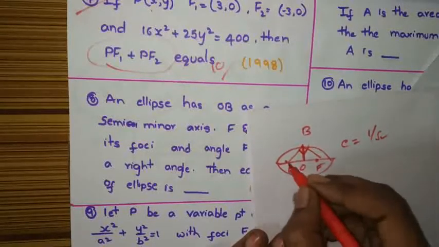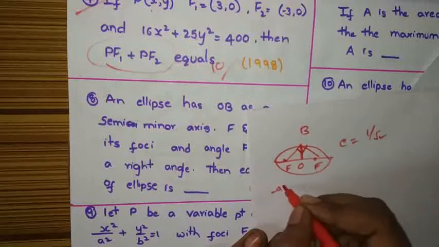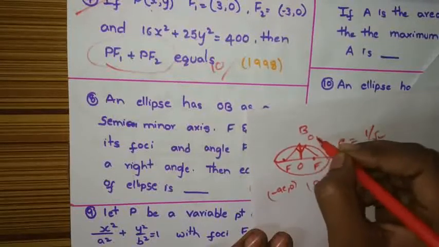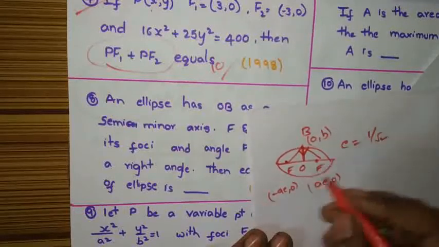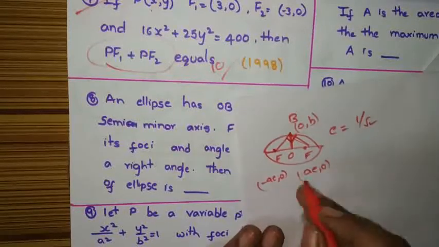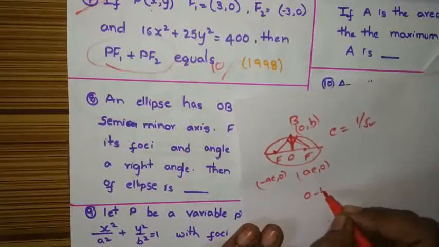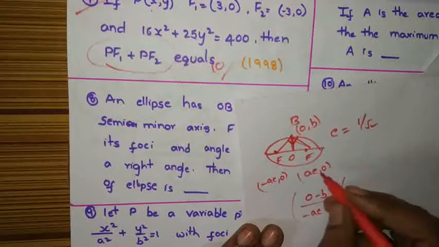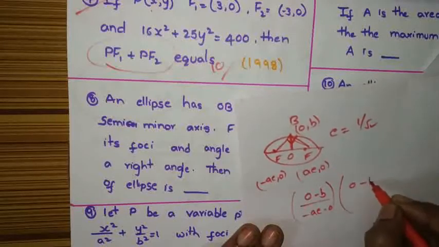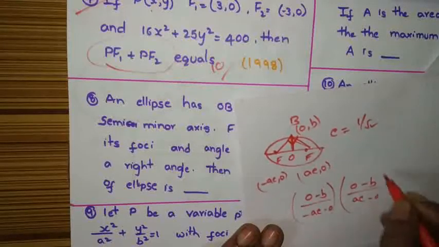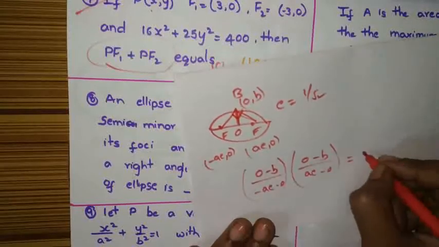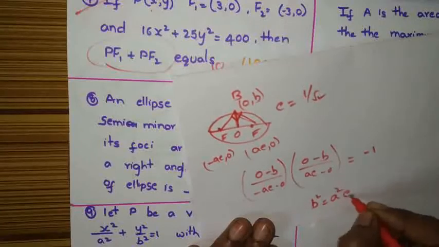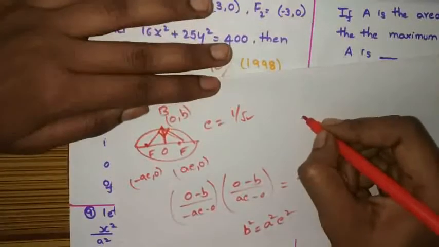Let me say how. Here minus AE, 0 and here AE, 0 and this is 0, B. Okay. Now the product of slopes will be minus 1. 0 minus B by minus AE minus 0 into 0 minus b by AE minus 0 is equal to minus 1. From this we can say that b square is equal to a square E square. What is the ellipse eccentricity?